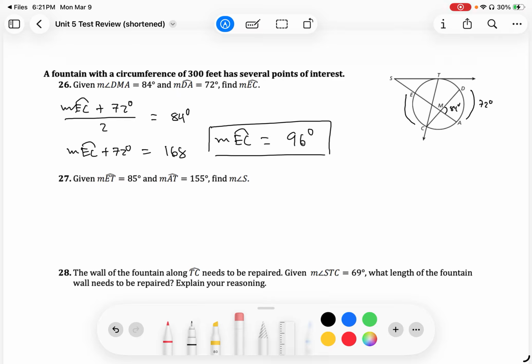Given the measure of arc ET is 85 degrees, and the measure of arc AT is 155 degrees, find the measure of angle S. So this looks like a tangent and a secant. I know that the measure of angle S is equal to 1/2 the difference of those two.